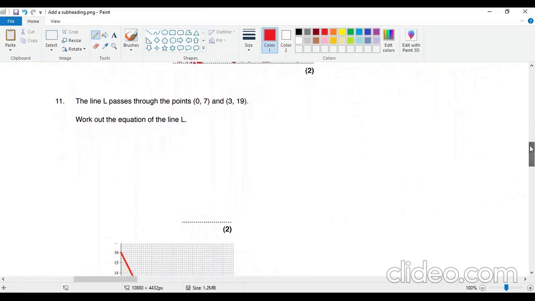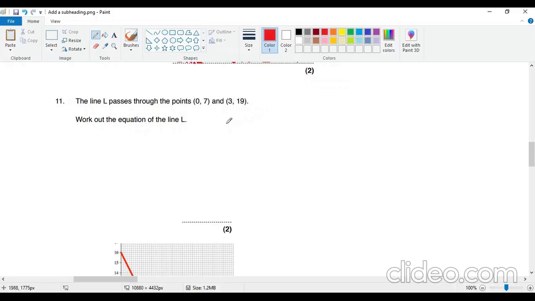It says the line passes through points (0, 7) and (3, 19). Work out the equation of the line. So we have no idea what the gradient is. So first of all, we are going to find out how much the gradient of this line is. How much is the slope? Is it a negative slope or a positive slope? Let's see.